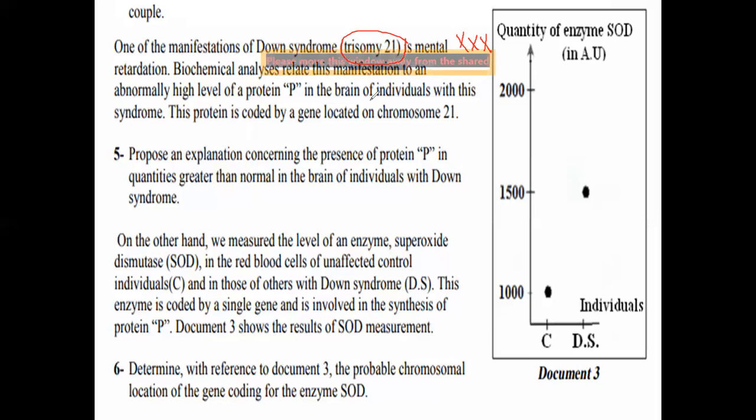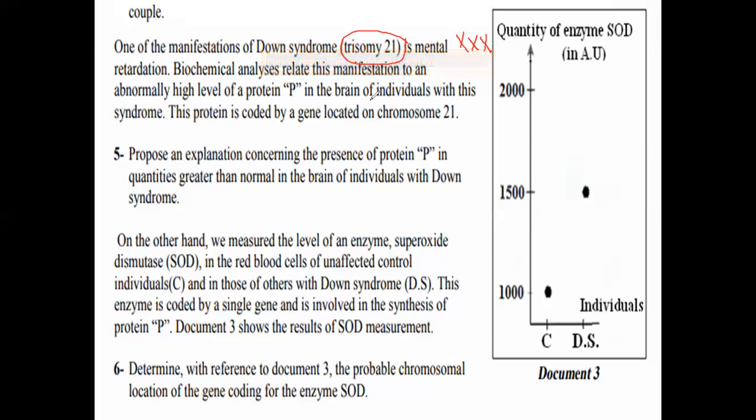These three copies lead to a higher level of protein P. Thus we have the relation between protein P and Down syndrome.